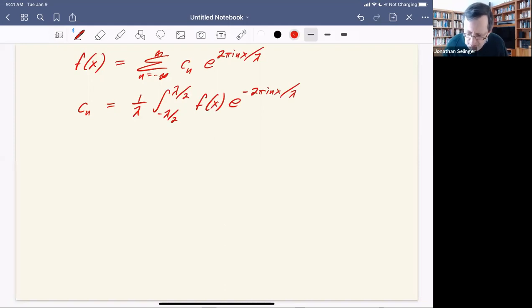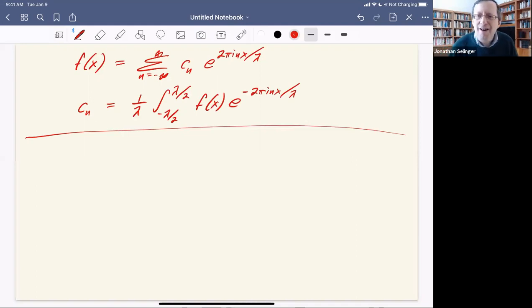So this is what we've done so far. Everyone good with this so far? Any questions? This is all the regular Fourier series stuff expressed in terms of the complex exponentials.